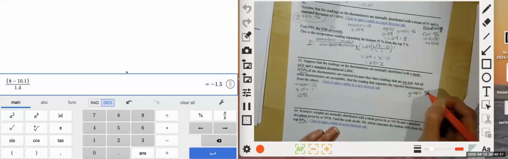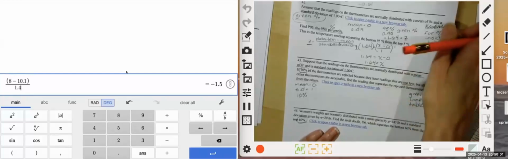Given percent. Look inside table. So we're going to look up 10%. So we're going to look up 0.1 inside the table.